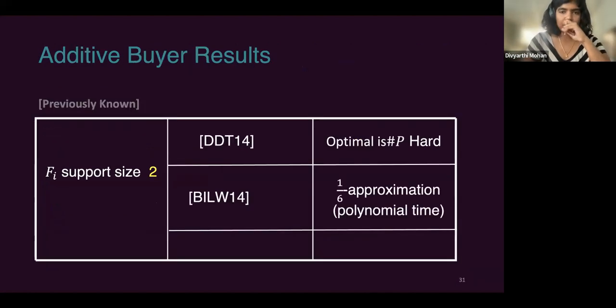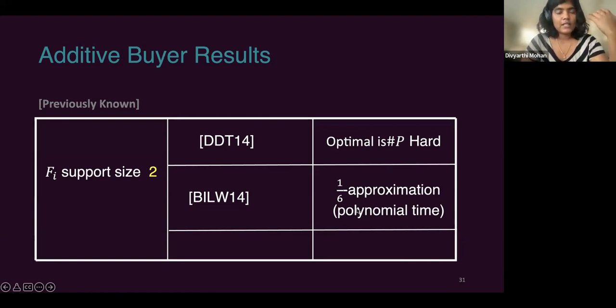And a quick side note about the additive bias setting. This also has a very, very similar history. Daskalakis et al. showed that even when the support size is just 2 for each of the marginals, finding the optimal is computationally hard. And Babaioff et al. showed that you can have a simple mechanism that gets 1/6 approximation in polynomial time.